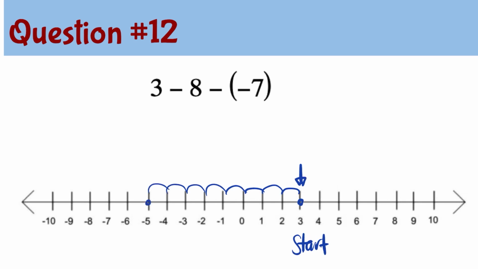So it will stop at negative 5. Now from negative 5, we need to subtract negative 7. And subtracting negative 7 means moving 7 units to the right. So from negative 5, 1, 2, 3, 4, 5, 6, 7. So the answer for this question is 2.